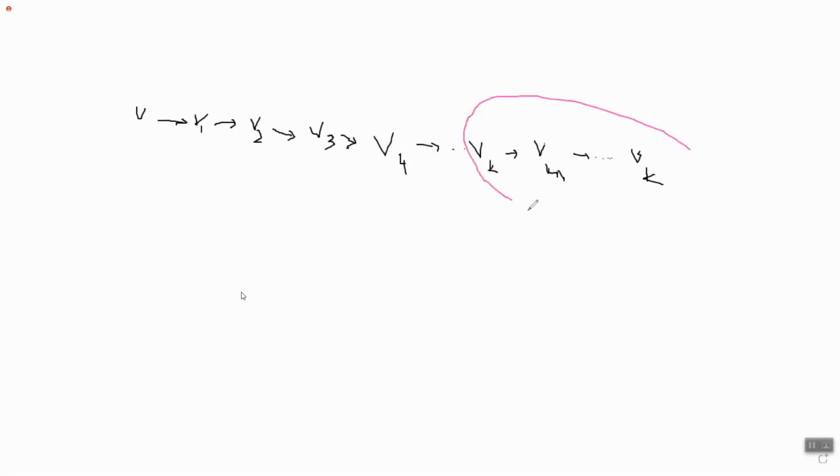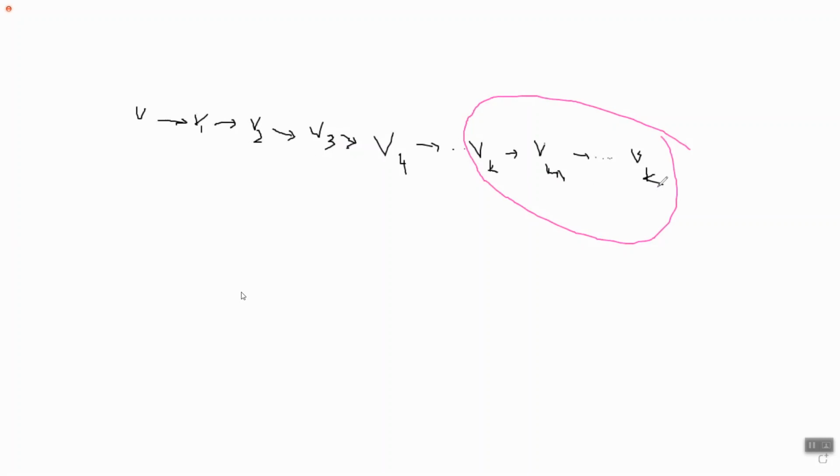So you start from one vertex, we add V1, then V2, V3, V4, Vk, Vk+1, Vk+2. Again, we are coming to the same vertex in this walk. So here you get a vertex already visited, because the number of vertices is finite. Therefore, you can't keep on adding without ending.